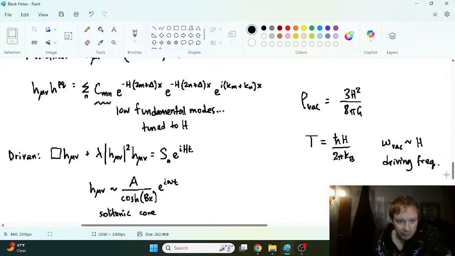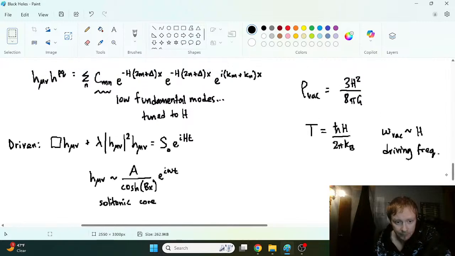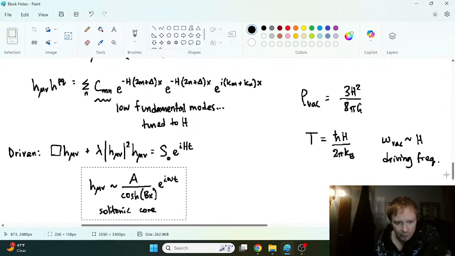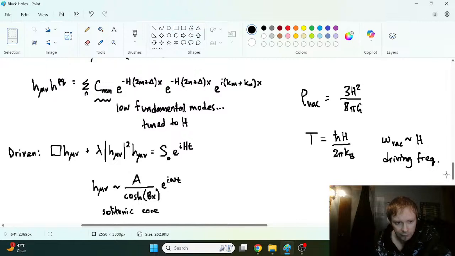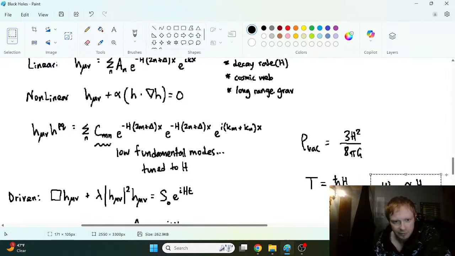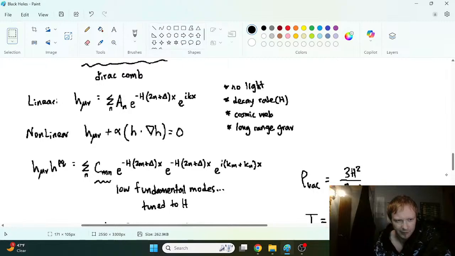So it's essentially a standing system. It's a feedback loop. So it's never going to die out fully. And that's what leads to these solitonic core solutions: these gravitational wave perturbed metrics seem to be sustained by the vacuum energy, the quantum waves.